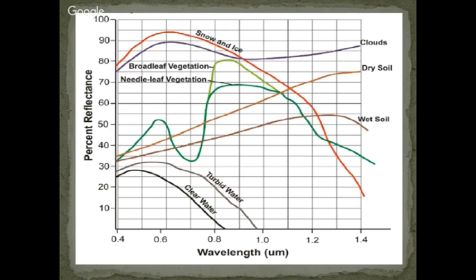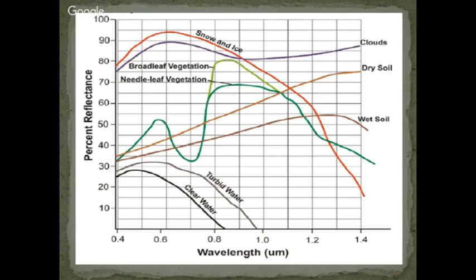But after 0.9 micrometers, cloud keeps reflecting almost the same amount of energy, about 80 to 90%, whereas in the case of snow there is a decline in reflectance, which means that beyond the near infrared part, snow and ice will start reflecting less and less energy. At roughly about 1.5 micrometers, about 20% of energy is reflected by snow surfaces.